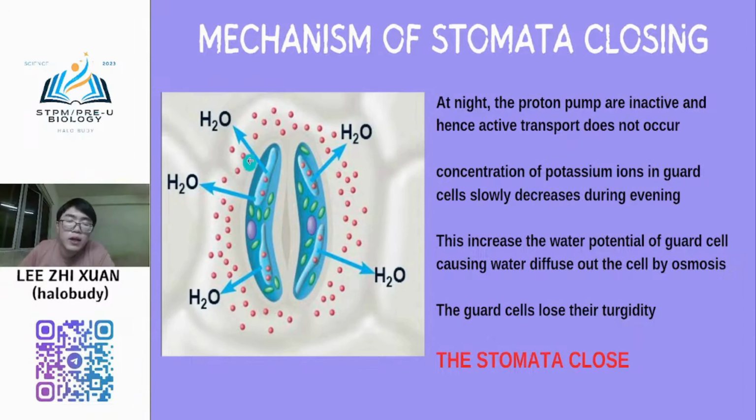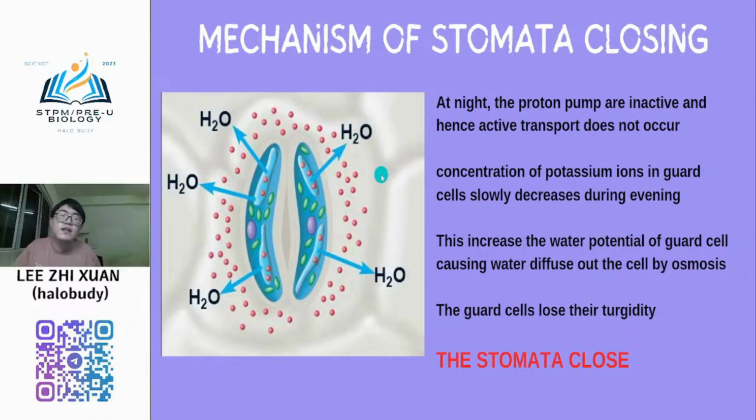So once the hydrogen ion starts to diffuse back, your potassium ion and chloride ion will start to decrease. Once they decrease, the water potential inside the cell is increased, because potassium is one type of nutrient, one type of mineral ion.